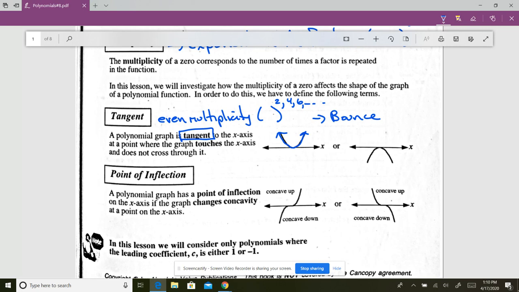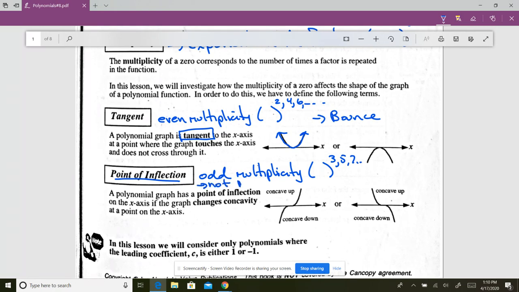The other type is you have points of inflection. So these are odd multiplicities. So obviously, 3, 5, 7, not 1.